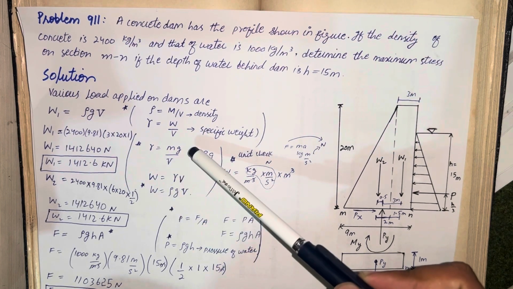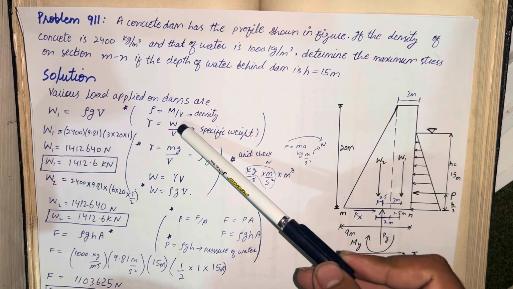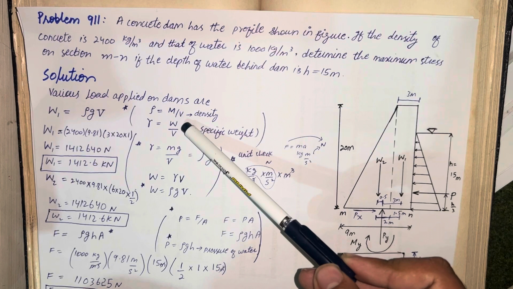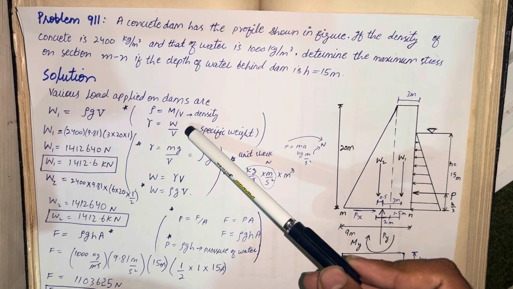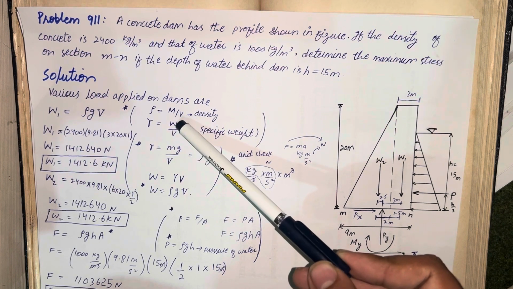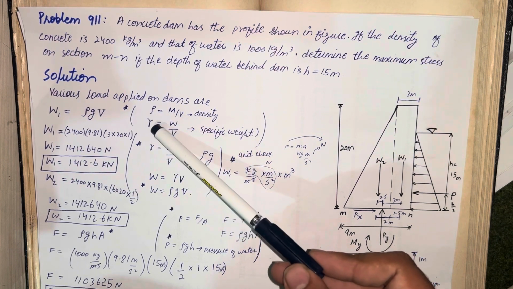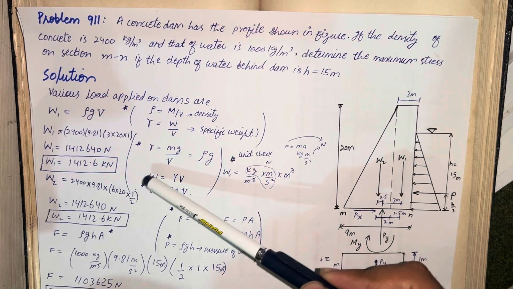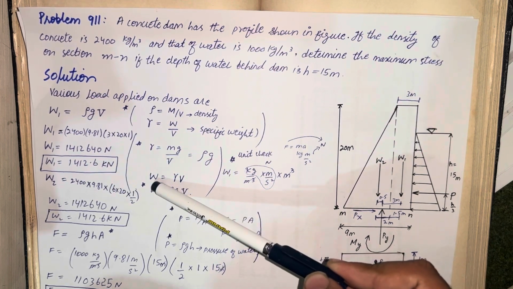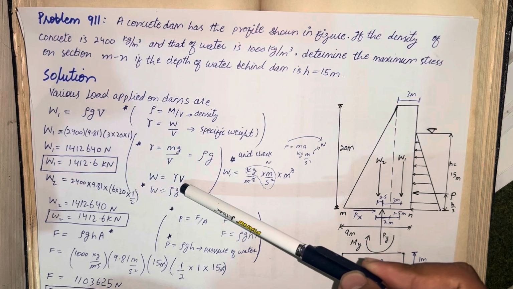Now we have to find the weight. So we have to formulate an equation that also contains the density, and from that we find the weight. So here weight will be equal to gamma multiplied by volume.